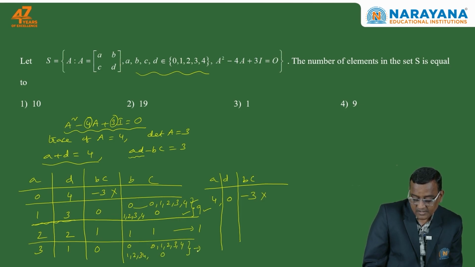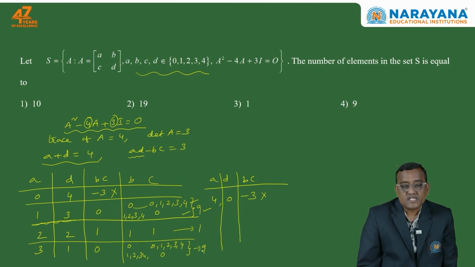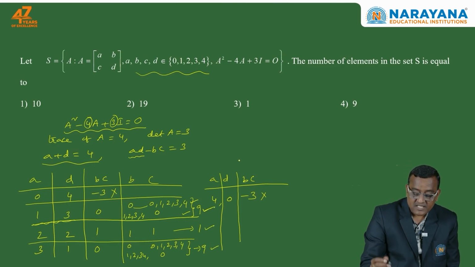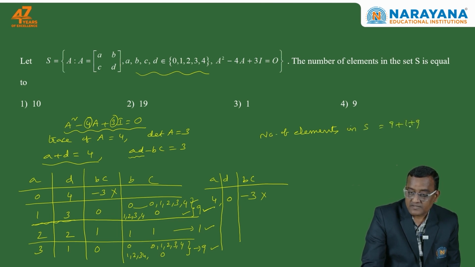Here also you get 9 possibilities. Total 9 plus 1 plus 9. So the required number of elements in the set S is 9 plus 1 plus 9, that is 18. Sorry, 19. 9 plus 9, 18, plus 1, 19.